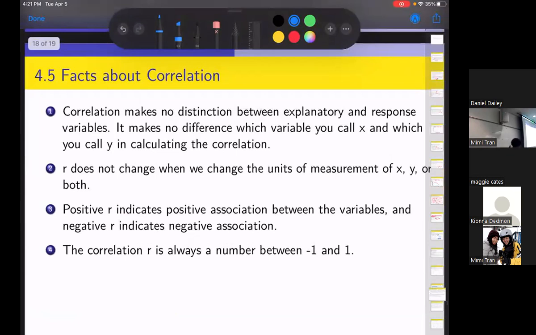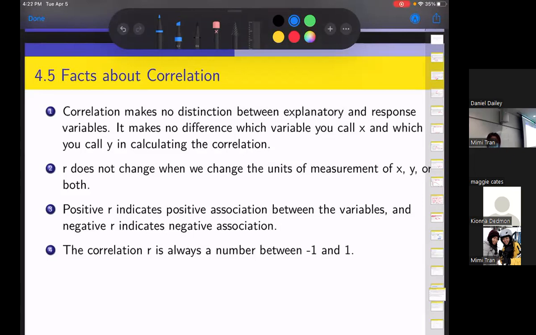So some characteristics of the correlation coefficient: like I said at the beginning, there's no distinction between the x variable and the y variable. It only knows that there's some kind of relationship between the two variables, but it does not discriminate between the two. It's all the same for the correlation coefficient, but for us, it's different.